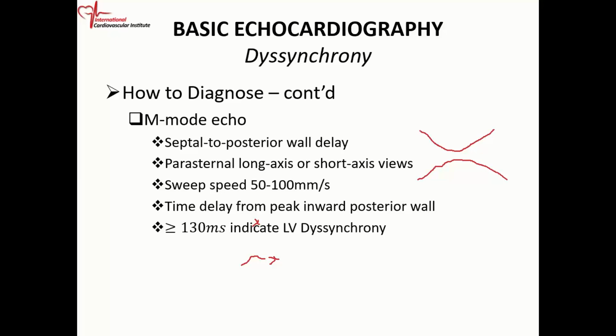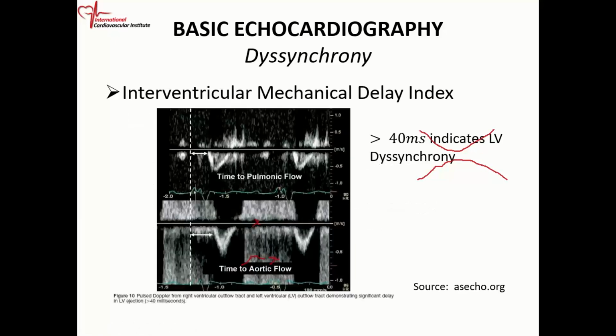You're going to adjust your sweep speed to about 50 to 100 millimeters per second, and you're going to look at the time delay from the peak inward motion of the septum, as I showed you, where you have maximum displacement of the septum, you do a perpendicular, and then where you have maximum displacement of the posterior wall, you do the same thing. Anything greater than or equal to 130 milliseconds indicates that there is some left ventricular dyssynchrony. So using M-mode, you can do that.